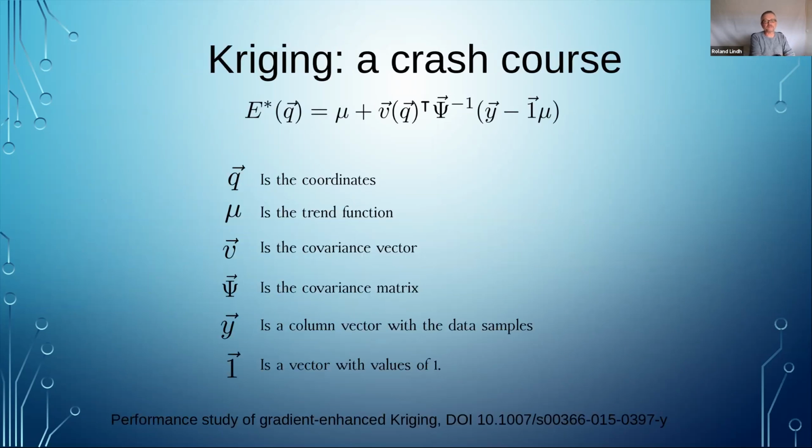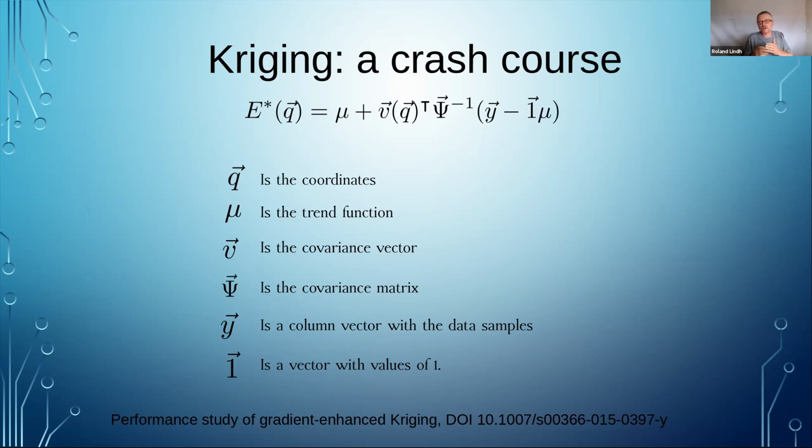Now, Kriging is a different way of doing it. I'm showing you the equation here for Kriging. So I'm just going to briefly tell you, we're using internal coordinates here, and we have a trend function. Essentially, Kriging is a way in which the energy or a surface is a linear combination of known data points with coefficients in front of them.